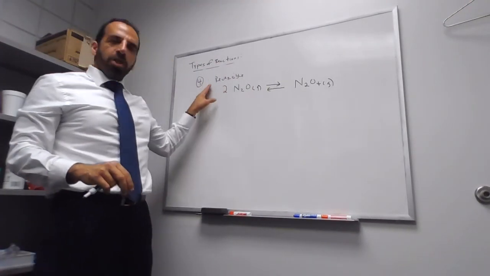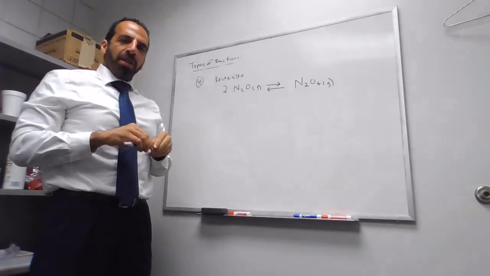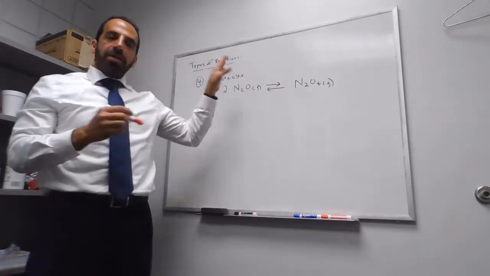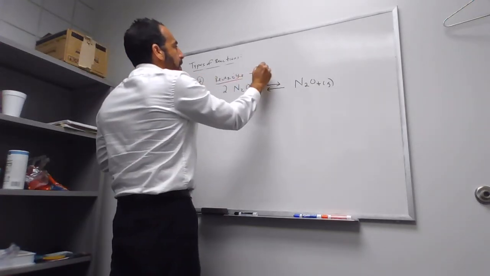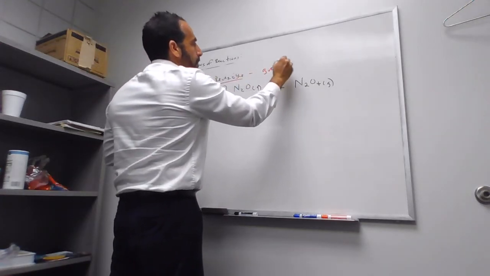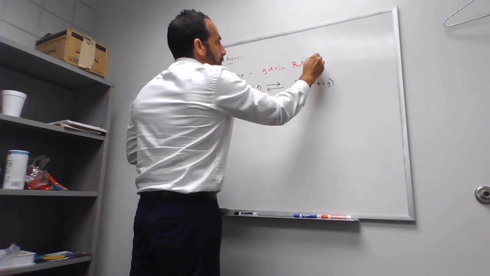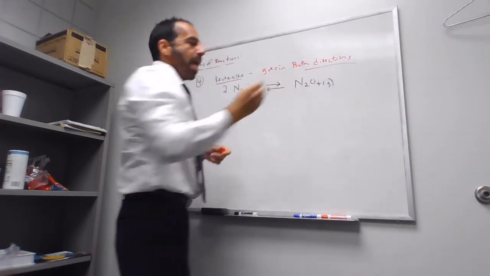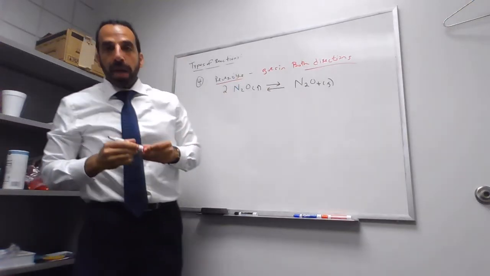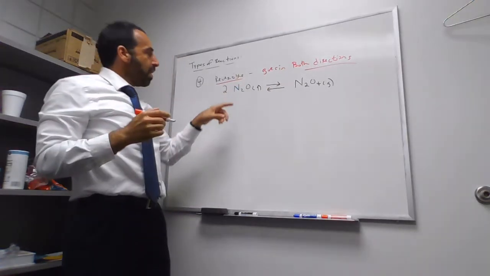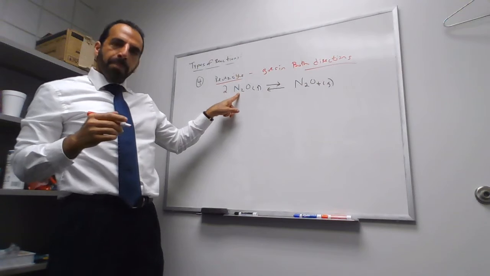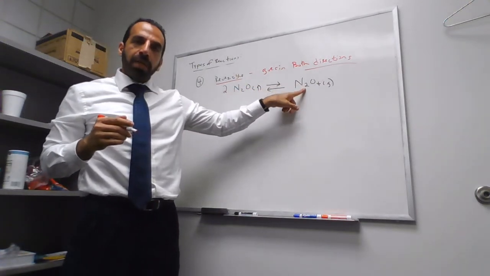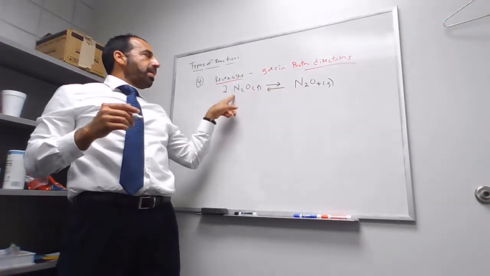Let's take a look at a reversible reaction. A reversible reaction, I just want us to be able to recognize it. What happens is, for reversible, the reaction can go in both directions. Like for instance, this is dinitrogen tetroxide, it can break down to form nitrogen dioxide, and this can go in both directions.